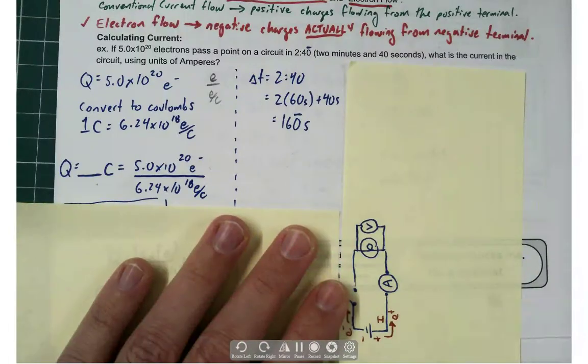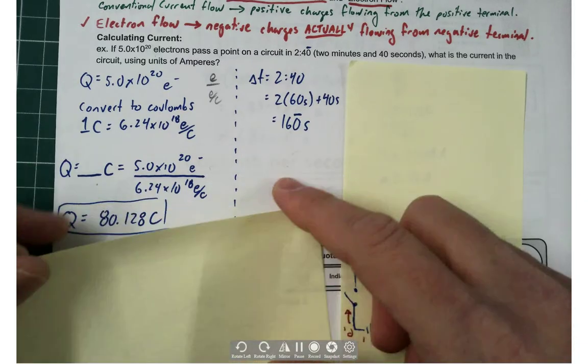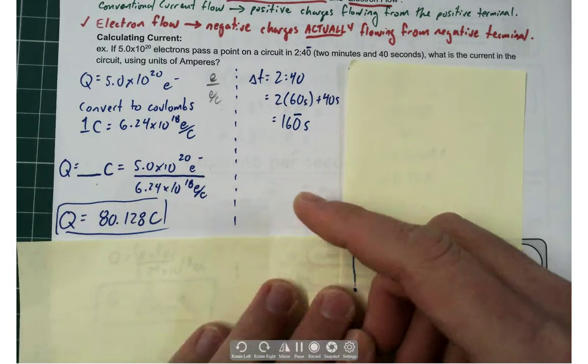I really shouldn't say electrons per coulomb. I should say elementary charges per coulomb, because there would be just as many protons, which is another elementary charge, in a coulomb of protons. It's only an electron if I put a negative sign above the E. An E without a negative sign really stands for elementary charge. Okay, if I do that math, I get 80.128 coulombs.